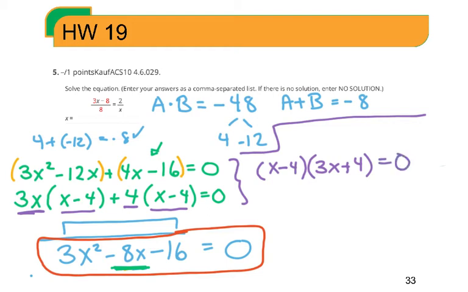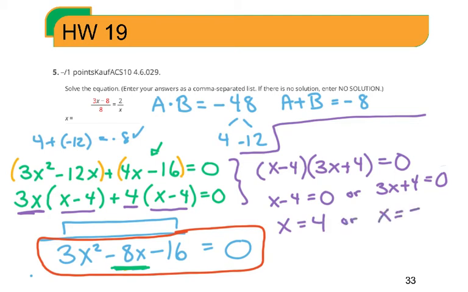You set each factor equal to 0. So either x equals 4 or x equals negative 4/3. And those are my two answers.